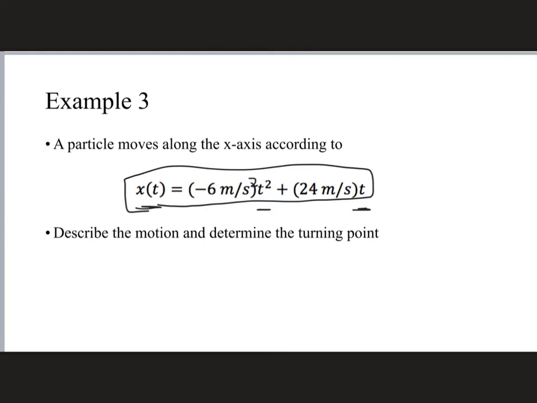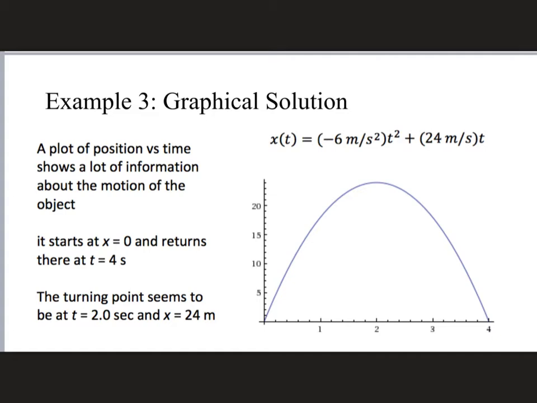Here you can see that I've done a computer plot of this function, and there are a few things we can note. First of all, there is a turning point right here at the top. Since we know this is parabolic, we would expect it to be symmetric. It starts at position 0, increases to the turning point, and then decreases, and the place where it returns to 0 looks to be at 4.